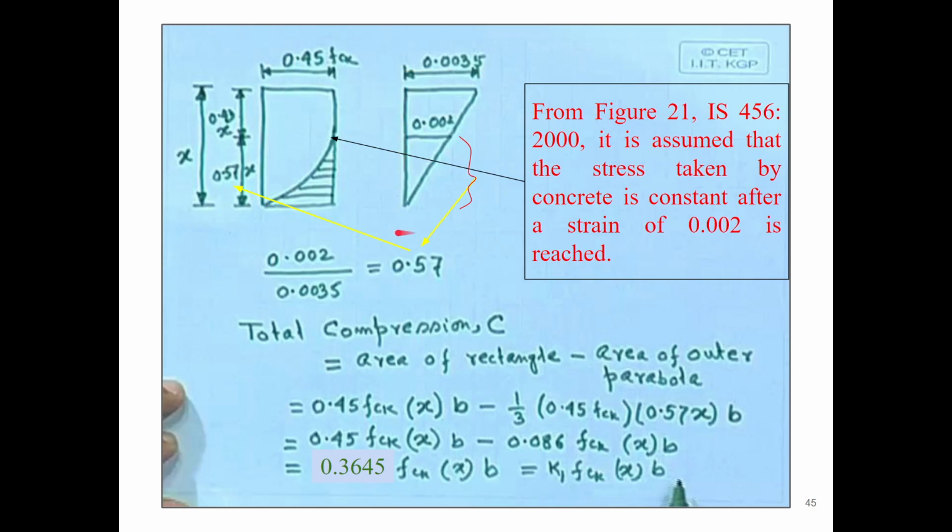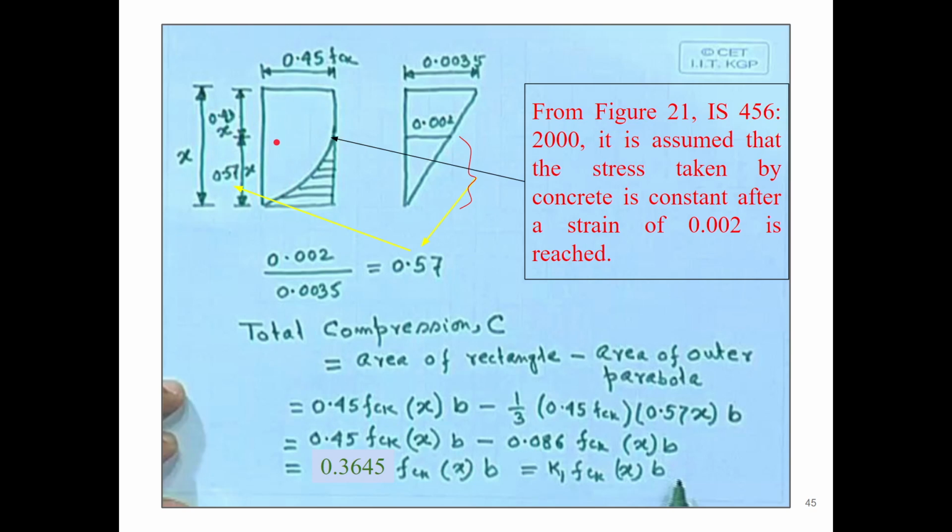So y equals 0.002 divided by 0.0035 into x, which comes out to be 0.57x. This 0.57x is the distance where the stress diagram becomes constant. Up till 0.57x it is a parabola, and the remaining 0.43x is a rectangle.